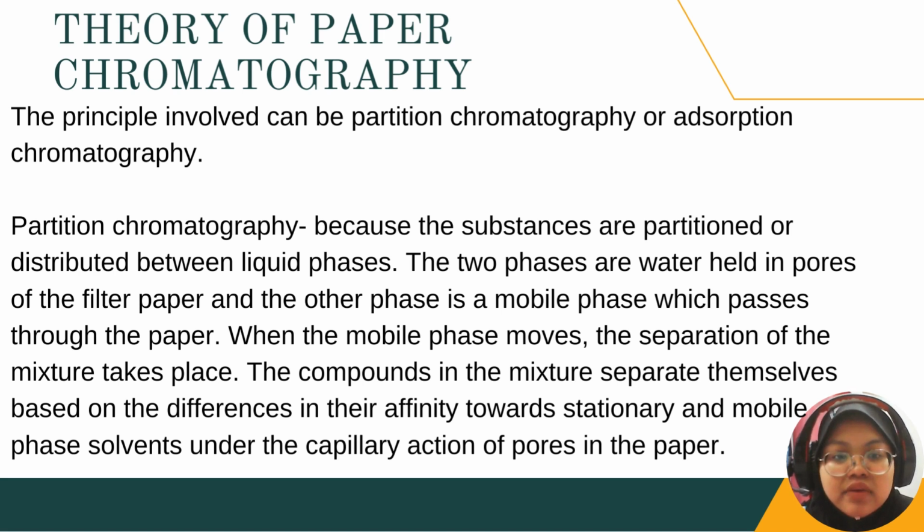The two phases are water held in the pores of the filter paper and the other phase is the mobile phase which passes through the paper. When the mobile phase moves, separation of the mixture takes place. The compounds in the mixture separate themselves based on differences in their affinity to the stationary and mobile phase solvent under the capillary action of pores in the paper.